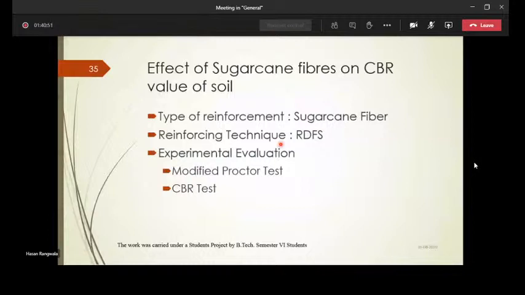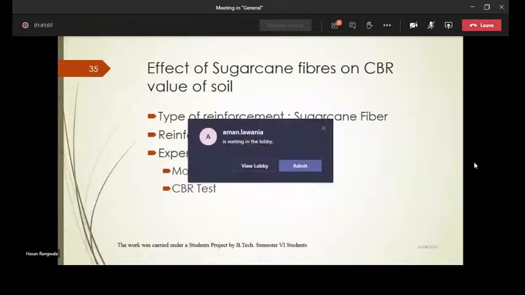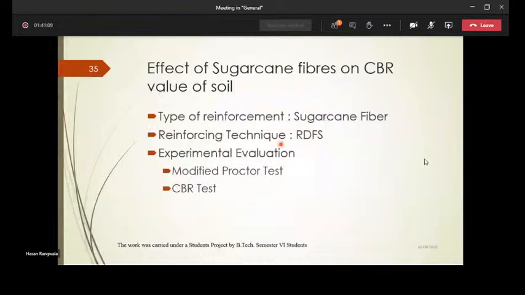What has been done in this particular study is that sugarcane fibers have been used with again the RDFS technique, that is, the randomly distributed fiber reinforcement system. We did the modified Proctor test, and based on that we again conducted the CBR test.